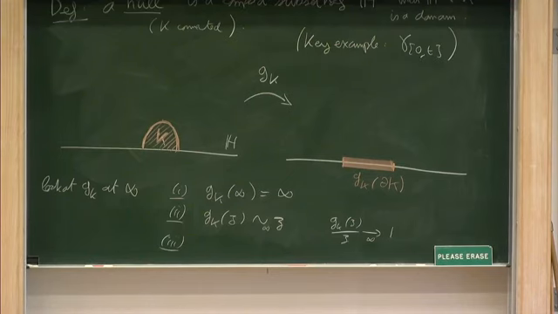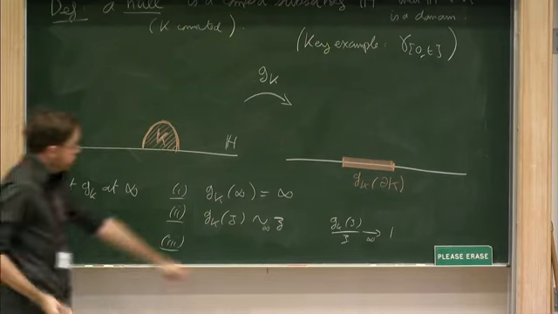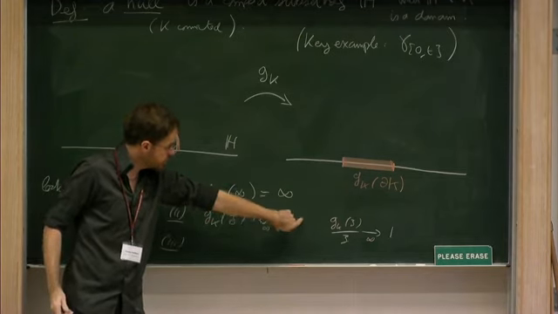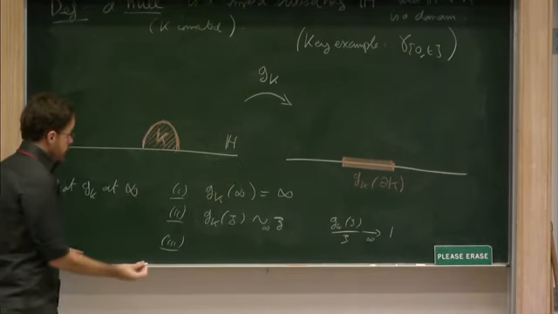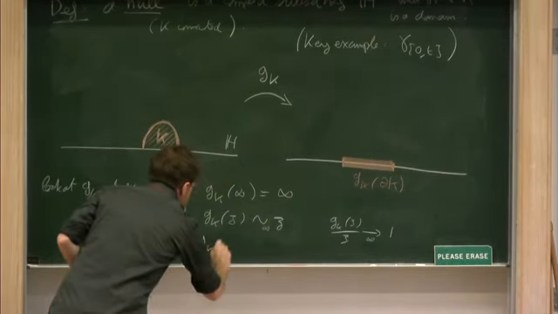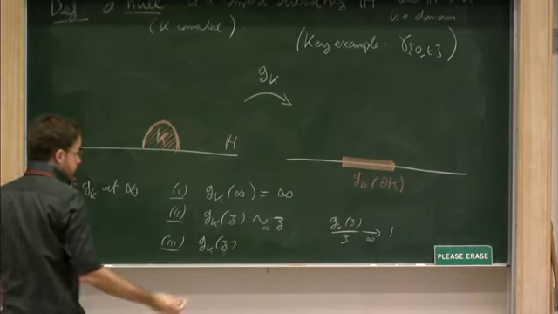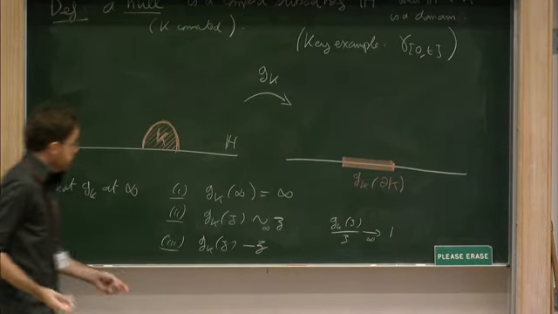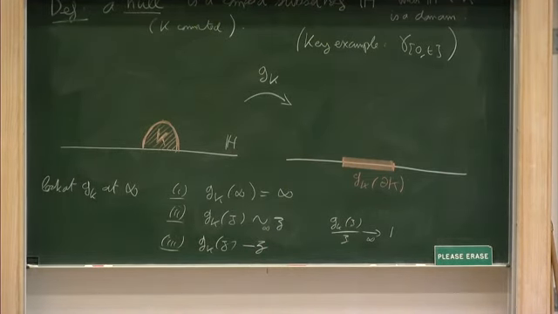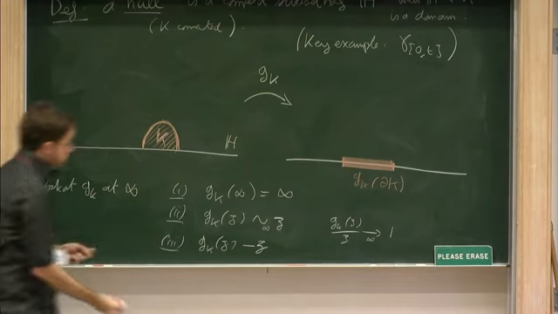Since we are looking at the expansion at infinity, it's natural to look at the next term in the expansion. At infinity, the next term will be the constant term. So we look at Gk of Z, we remove this term, and this gives the constant term if we let Z go to infinity.